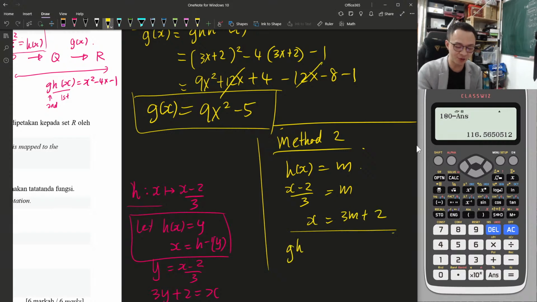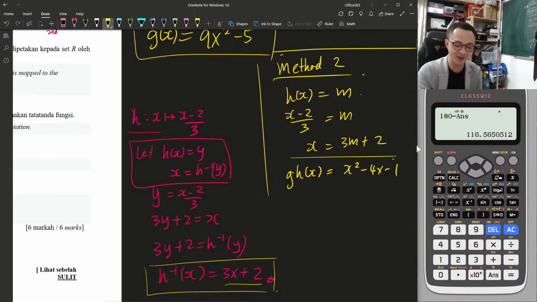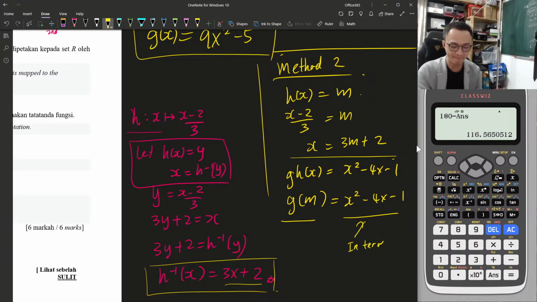Right now I have g(h(x)) equals x squared minus 4x minus 1. Since h(x) is m, I will say g(m) equals x squared minus 4x minus 1. But to get g(x), my g(m) must be in terms of m. Right now it's not in terms of m, so I cannot say g(m) equals x squared minus 4x minus 1.